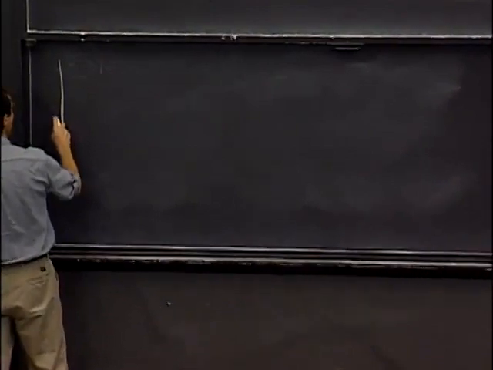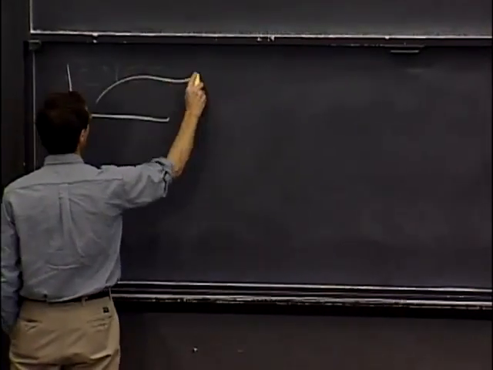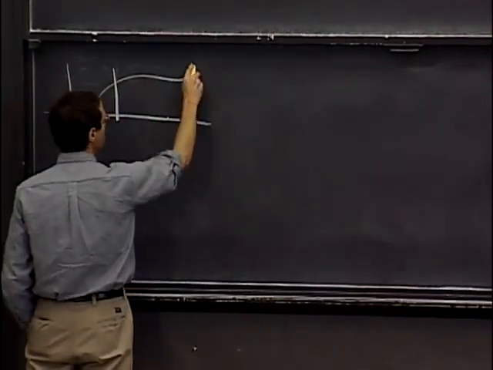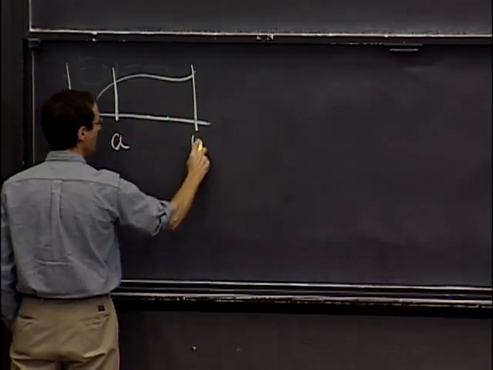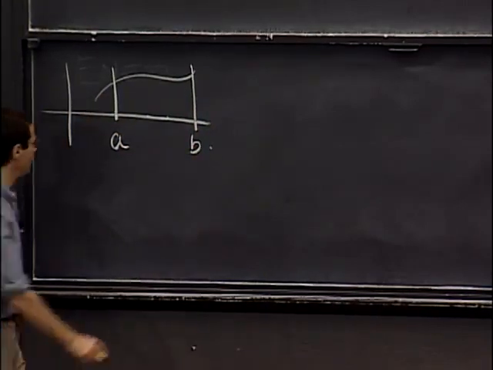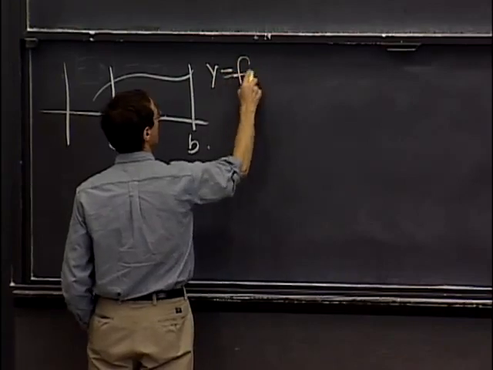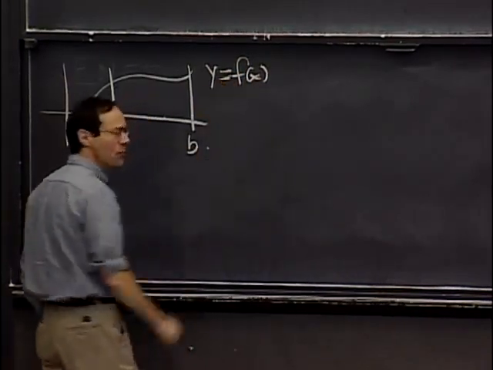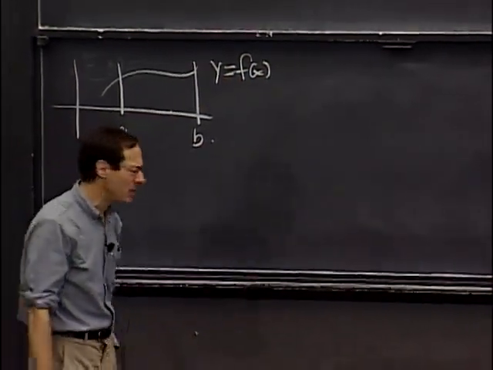In general, if you have a function and you want to interpret the integral, our first interpretation was that it's something like the area under the curve. But average value is another reasonable interpretation.